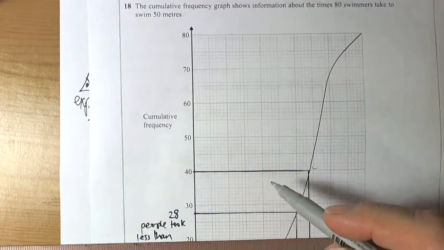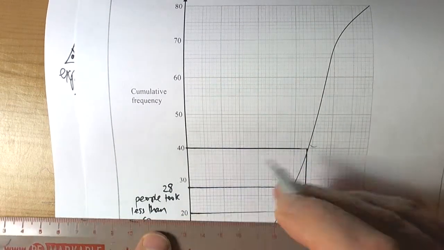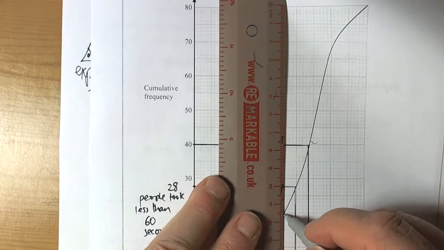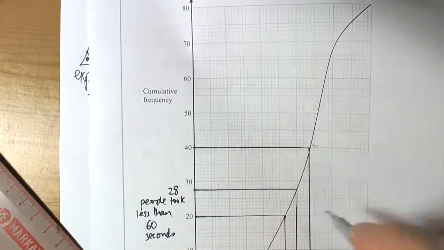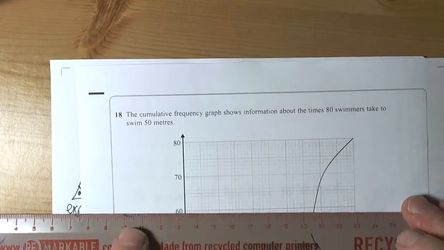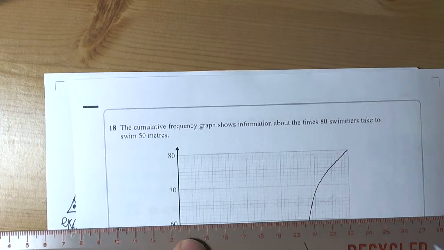So we come across from the graph from 20, and then we read off the value. So again, we've just got to be careful that we read accurately. So we've got 46, and then the upper quartile will be 3/4 of the way, and 3/4 of 80 is 60.